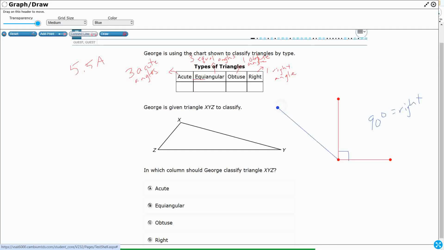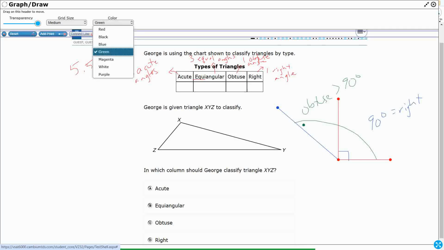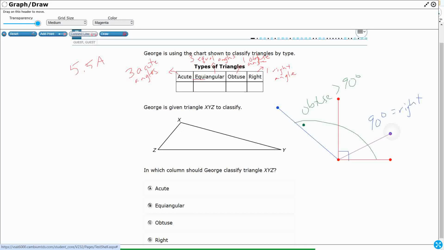So here's an example. And so let's go back to draw here. So obtuse is greater than 90 degrees. And then I've got, let's do magenta, and acute is going to be less than 90 degrees.